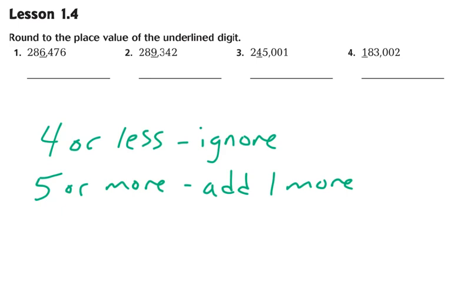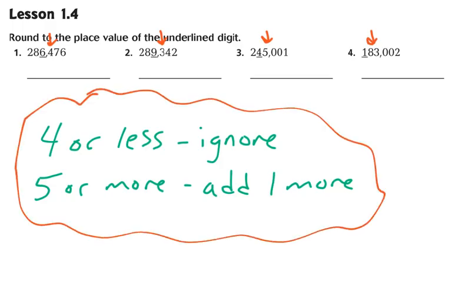Now, we're always talking about the neighbor. In this case, here is our neighbor. It's a 4. Over here, here's a neighbor. It's a 3. This neighbor is 5. And this neighbor is 8. So, when we're using these rules, we're talking about the neighbor number. We're not talking about the underlined digit. We're talking about its neighbor.